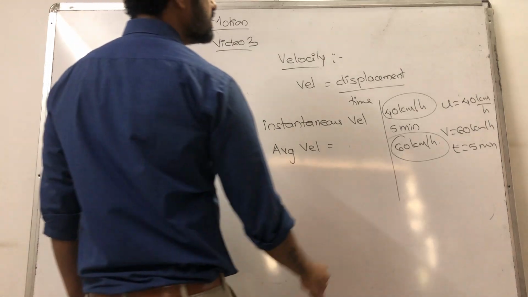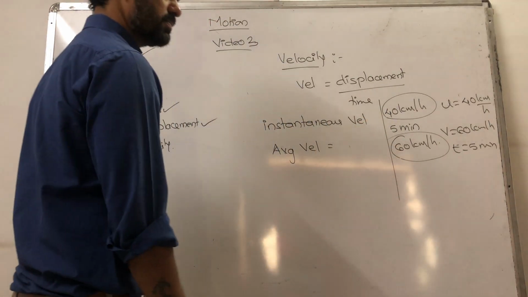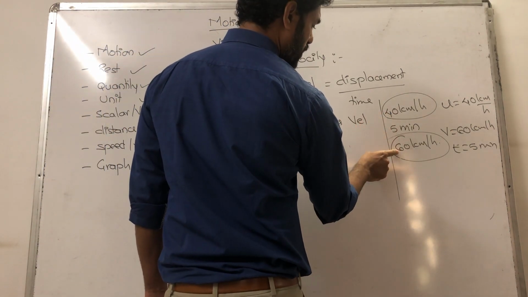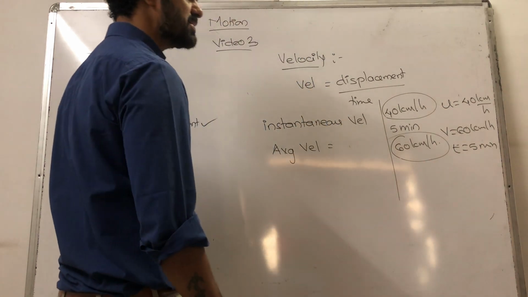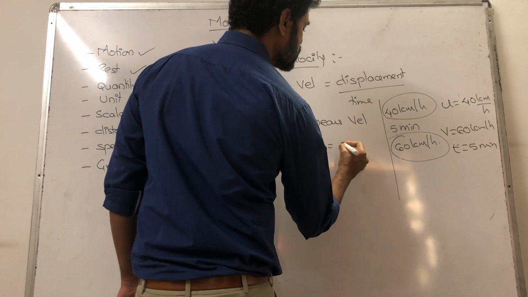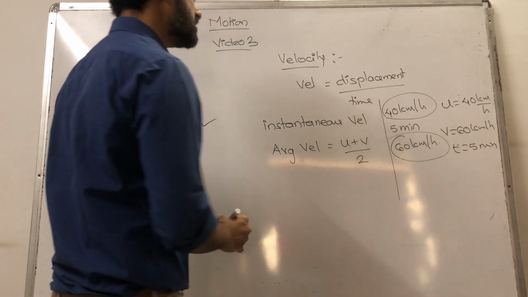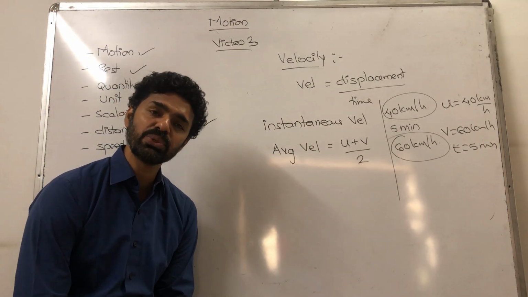Now let's say if this change in speed was gradual, that is when the speed of the car changed from 40 to 60 in 5 minutes. If the change was gradual, that is the change in speed was uniform, then we can mathematically represent that average velocity is initial velocity plus final velocity by 2.